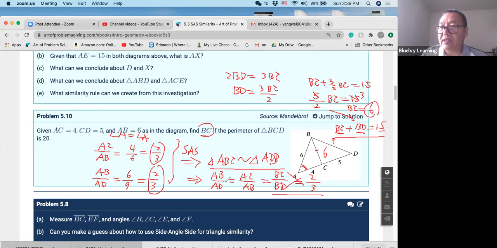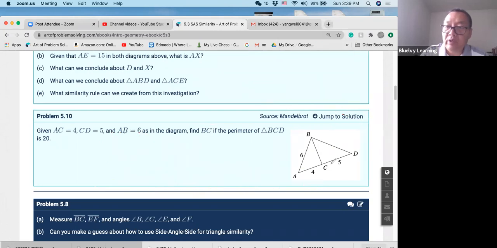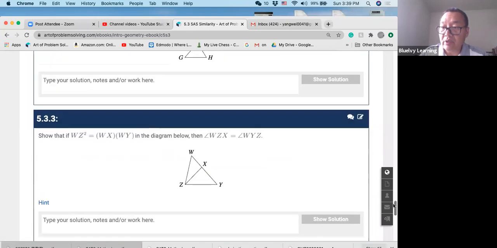Then their 3 corresponding sides have the same ratio. That third pair of sides is not the sides you're looking for. So then you solve these two equations: the sum of these two sides equals 15, and BD equals 3 times BC over 2. Solve this, you get BC equals 6, BD equals 9. Okay, so then we finished this section.